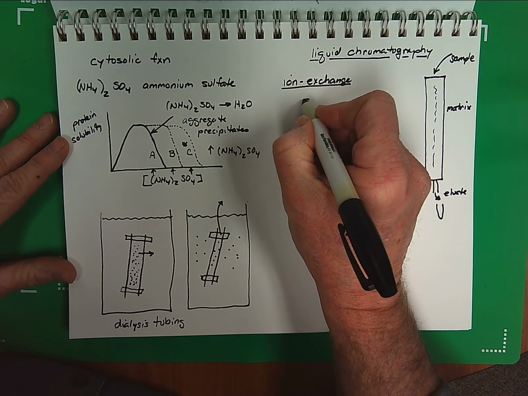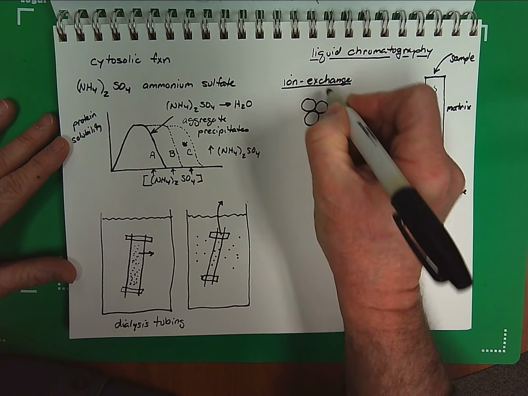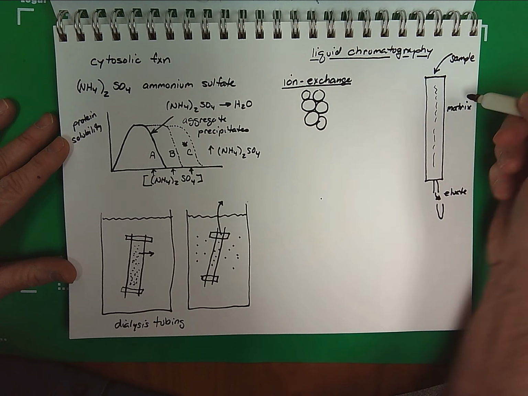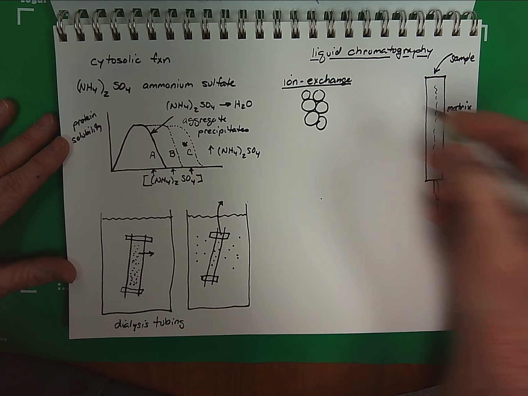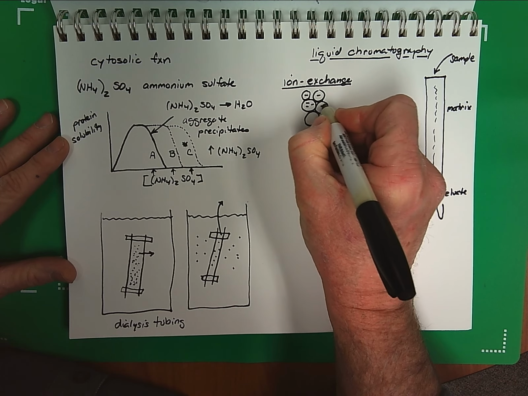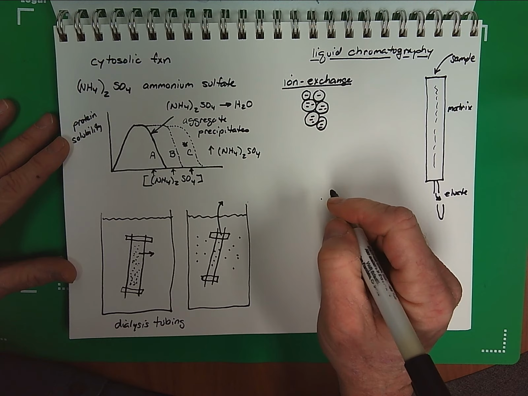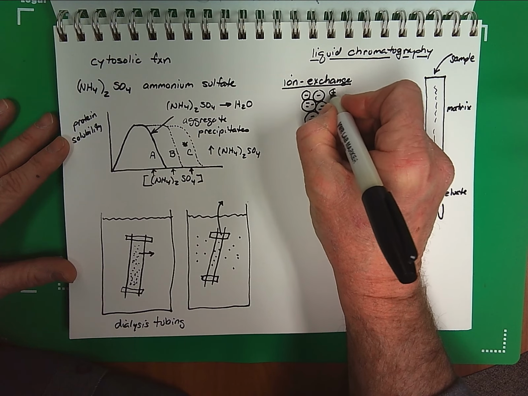In this case, for example, the matrix consists of beads, and these beads are packed inside this tube for fractionation. These beads, for example, are negatively charged. What will bind to this are positively charged proteins.